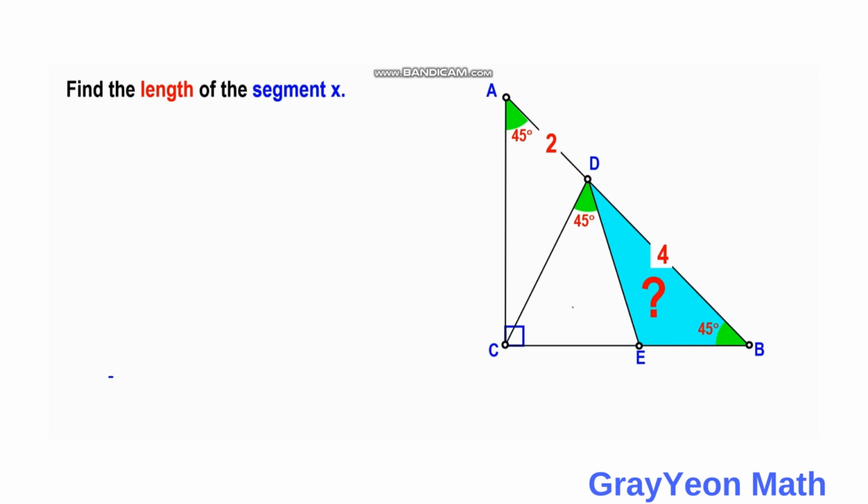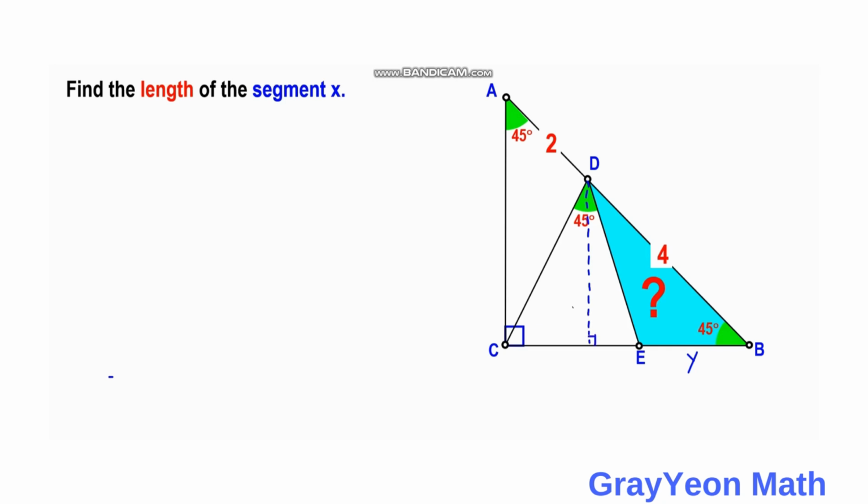Since we are interested in the area of this blue triangle, we can find this base, or the segment EB, the length of this. So we can label this as Y, and we label the height of this triangle from D by a line that is perpendicular to segment CE.